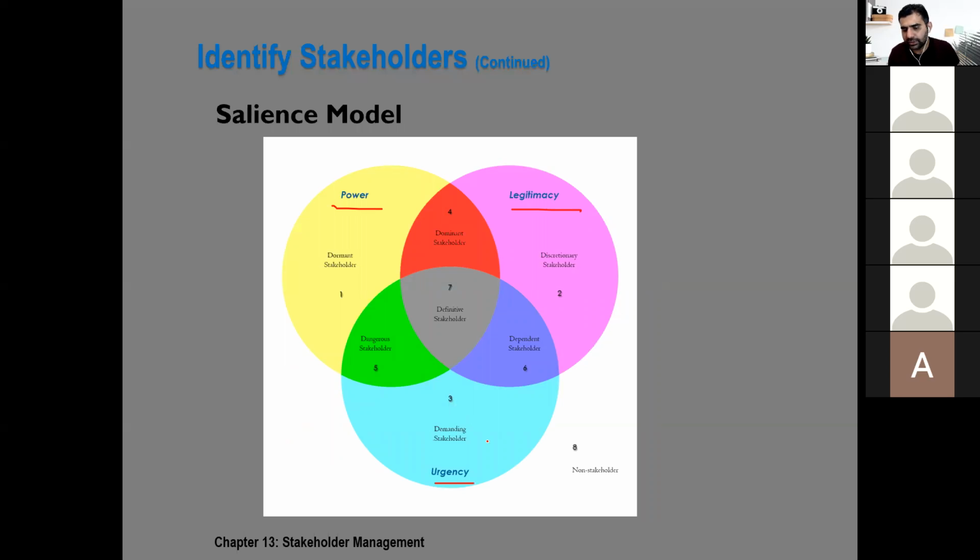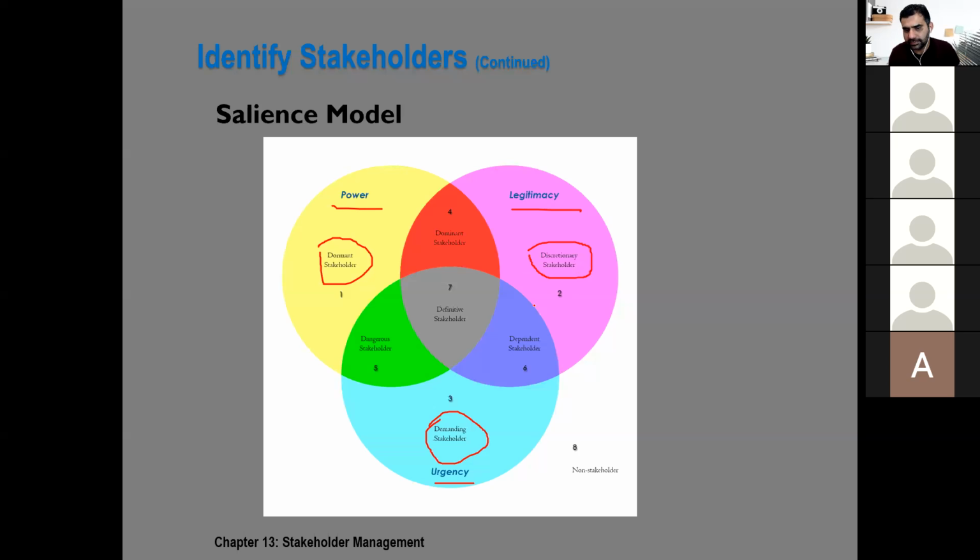The stakeholders who got the urgency, they could be put as demanding stakeholders. Those who got power but no urgency or legitimacy are dormant stakeholders, and the stakeholders which have legitimacy but no power or urgency, they are discretionary stakeholders.